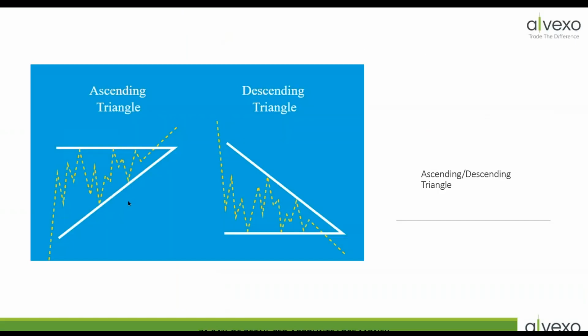So then we also have ascending and descending triangles, and we have the same thing. The rule of thumb, which is the old thumb that we should amputate, says that in an ascending triangle, the price should break out in the direction of the previous trend, and that would be an uptrend. In a descending triangle, same thing, but that should be a downtrend.